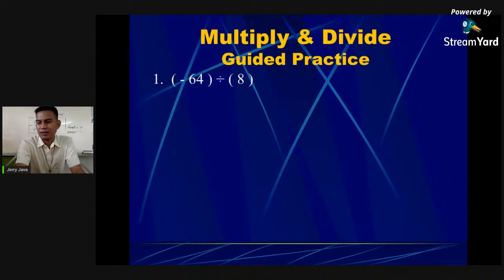Get ready, number 1. Negative 64 divided by 8. 30 seconds. Careful with the sign. You multiply or divide them first before you mind the sign. Okay?